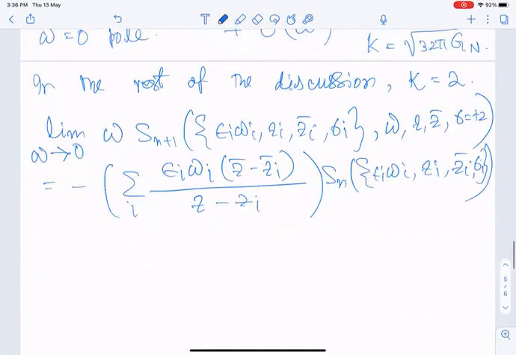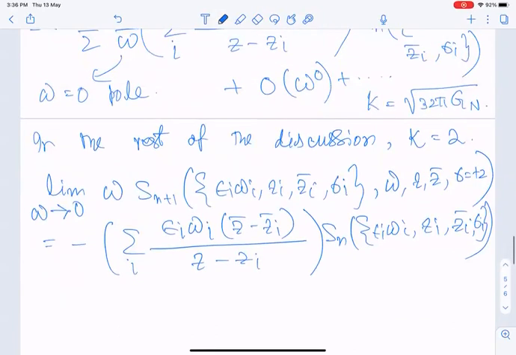Okay, so if you perform this, then the rest of the terms are gone. So you are just left with this single term.